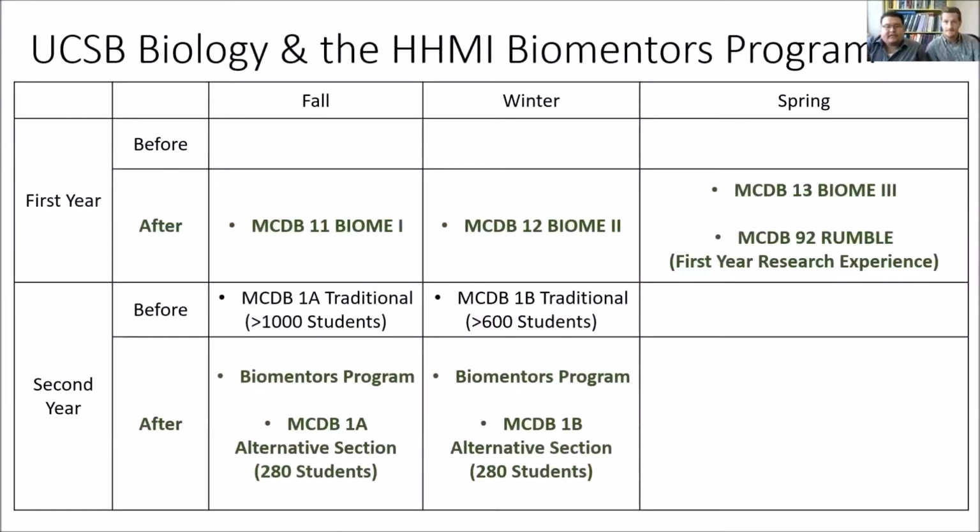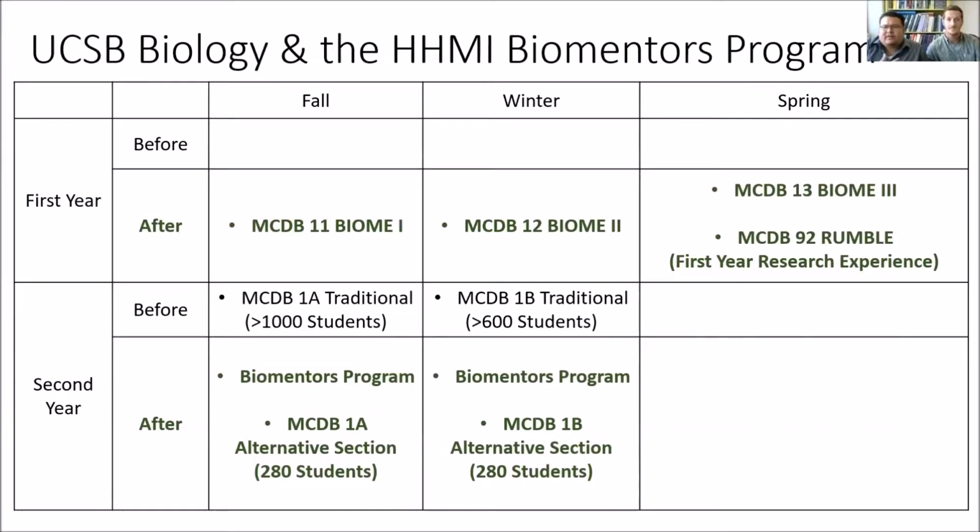So this diagram exemplifies exactly the classes that we're currently teaching as part of this program. As you can see, the students in their first year, before our program, had no classes whatsoever. This is typical for the UC system, I believe, where the first year of biology students usually fulfill their prerequisites, including physics, chemistry, and math.